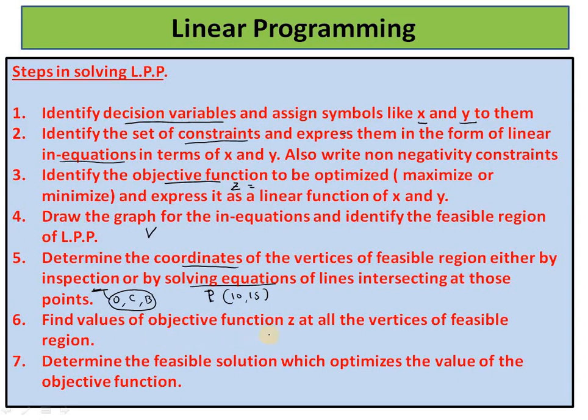Okay? And we found the value of Z for all of O, C, B and P, and said that the maximum profit is 5500 at P, meaning 10 tables and 15 chairs. Understood, children? And how we drew the feasible region, you also know. Watch this video once again and try to solve this problem yourself.